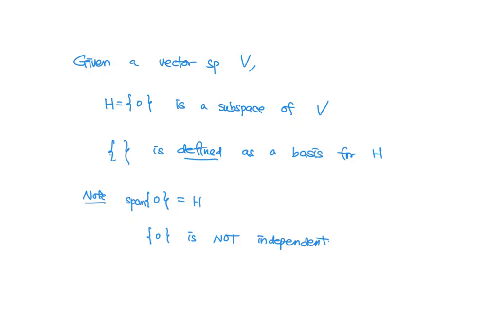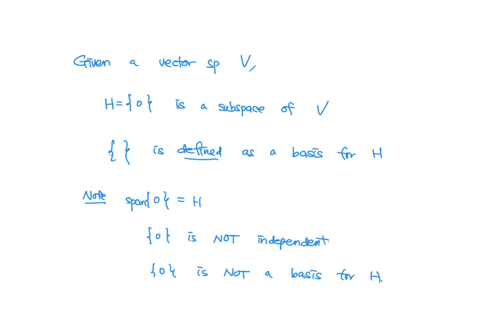So the set of zero vector is not linearly independent, so even though it generates H space, the set of 0 is not a basis for H space.